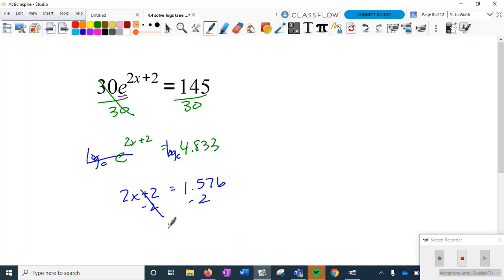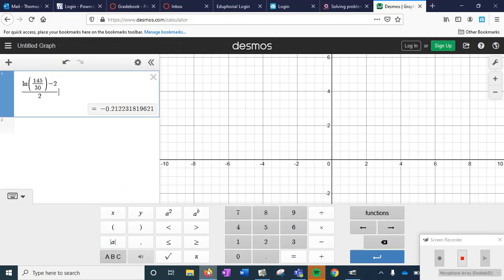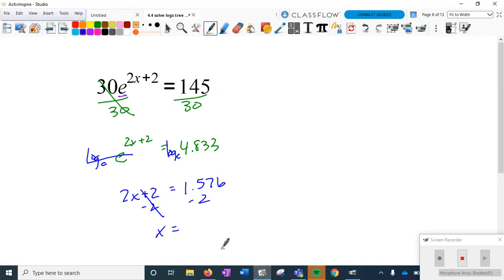Because that's our next step. So we take this whole thing minus 2, and whatever that is, that's a negative point something, but we're still going to have to divide by 2 to finish it up. And we ended up with negative 0.212. And that is our solution.